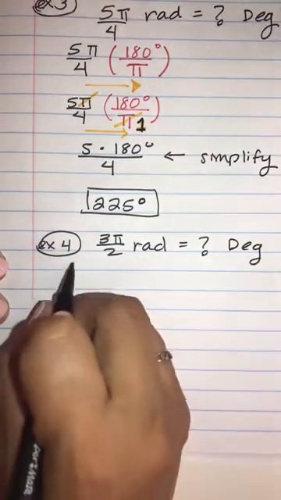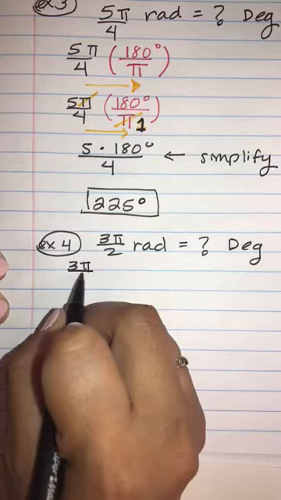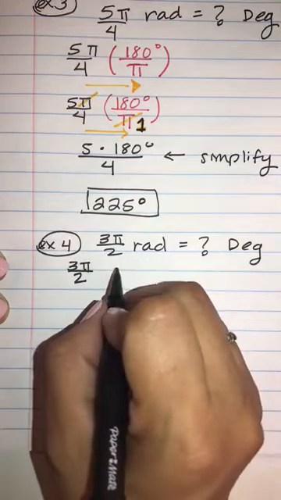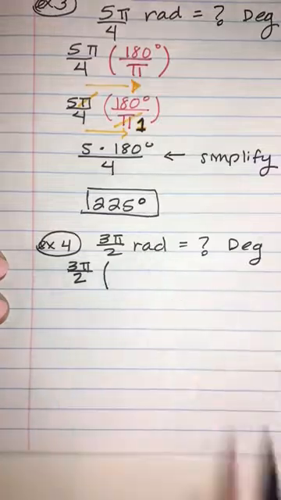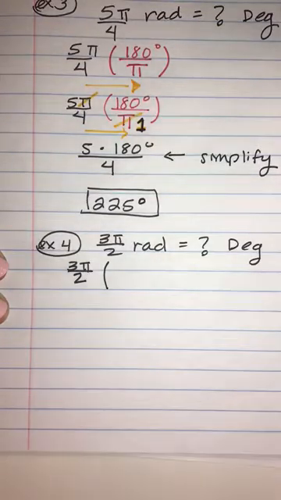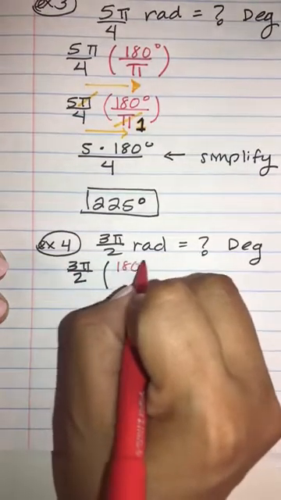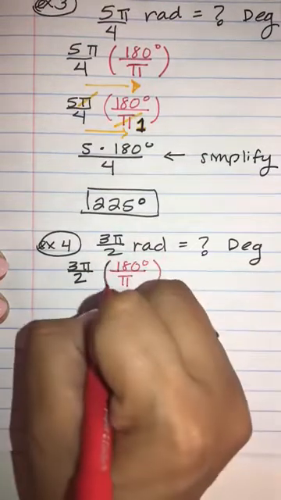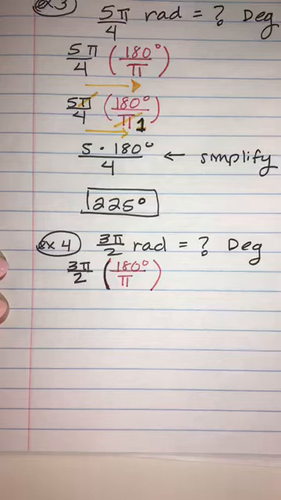So you're going to say 3/2 pi times 180 divided by pi, because we're using the second conversion.